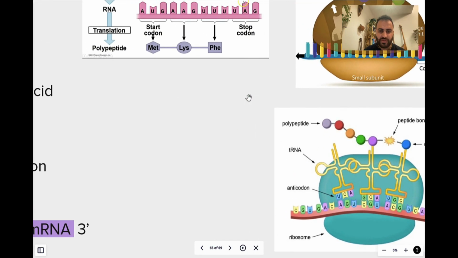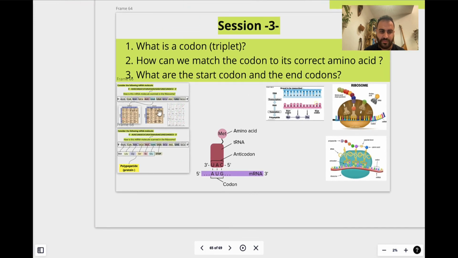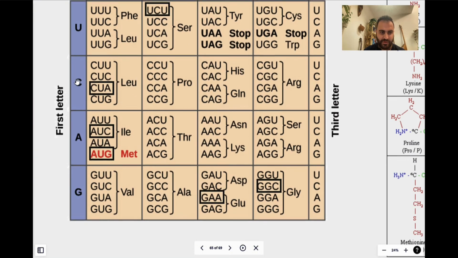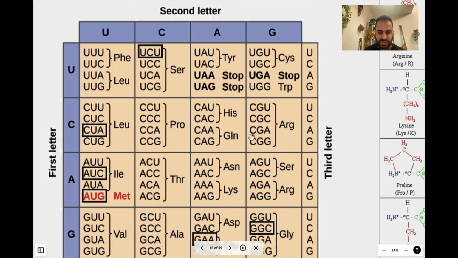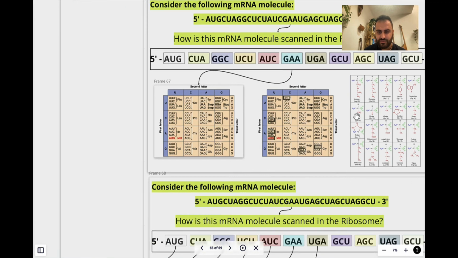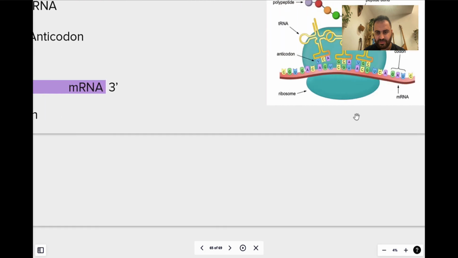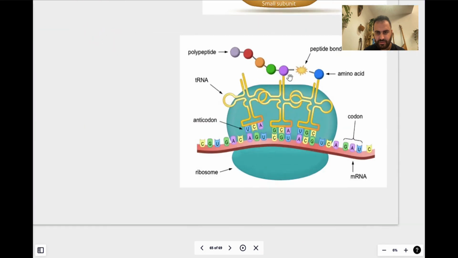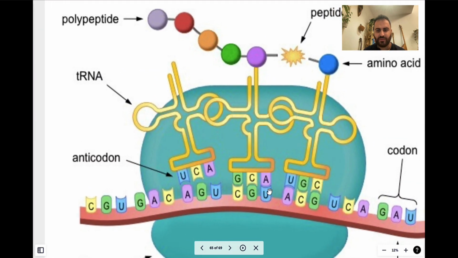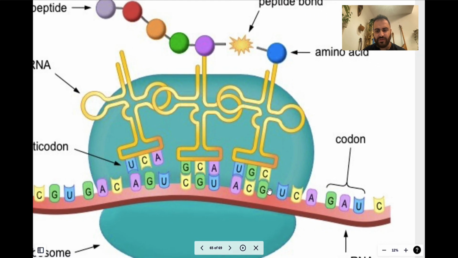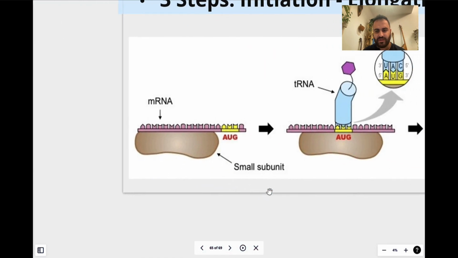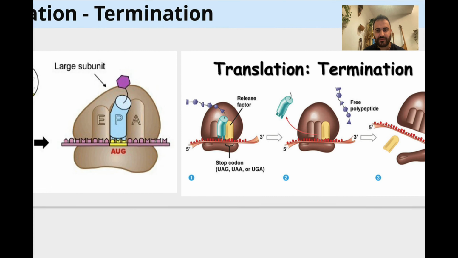We have to go to the chart, look for CGU. The first one is C, second is G, third is U. So it's arginine, ARG. So this amino acid here is ARG, and so on. This will continue until termination happens.